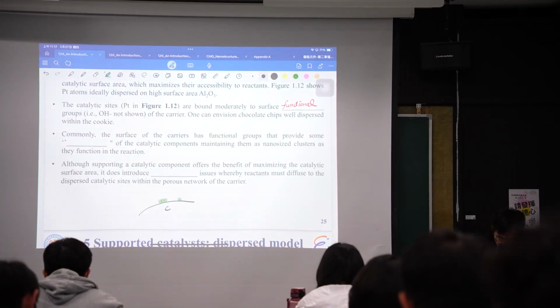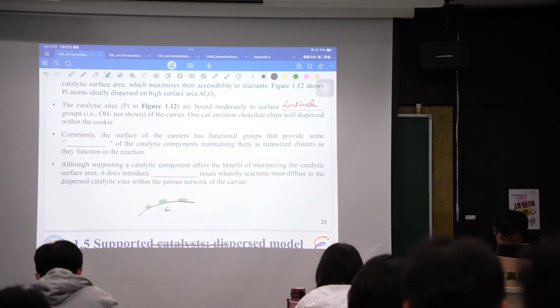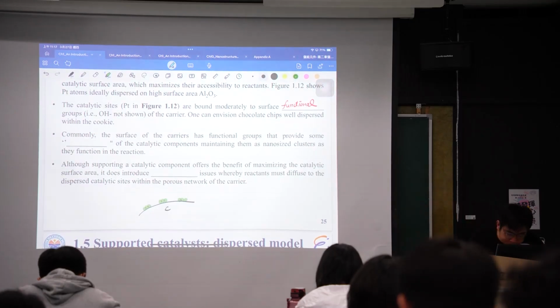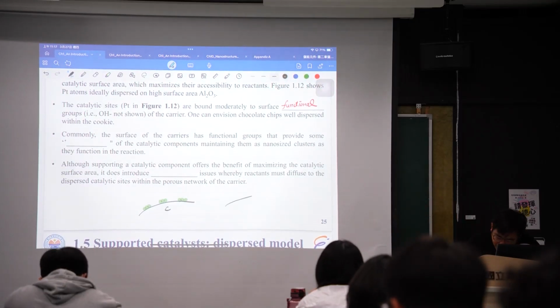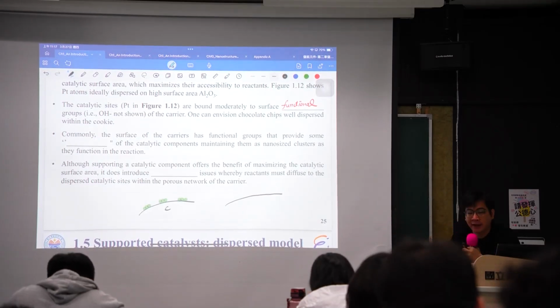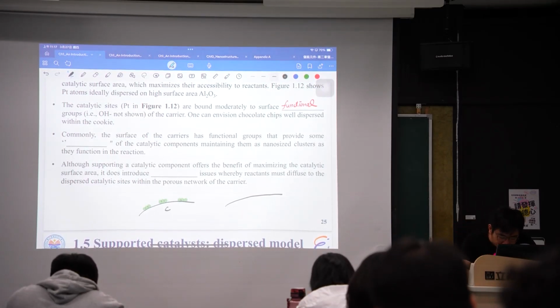Activate. But in the carbon, we have some functional group like OH group.